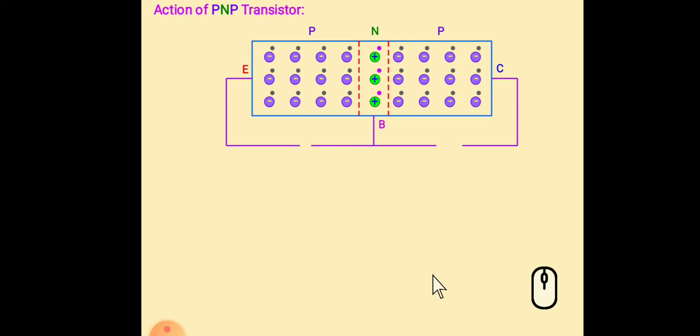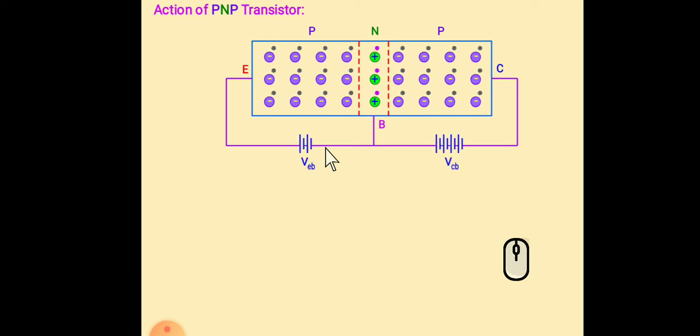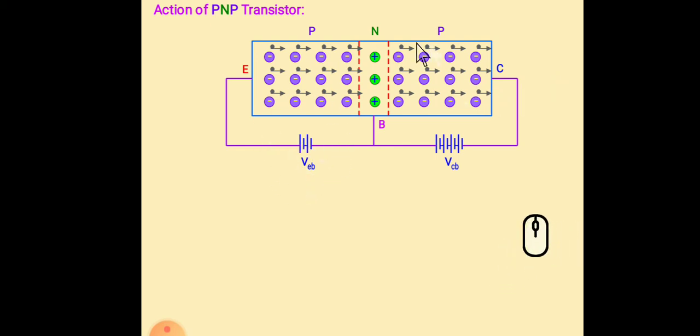So similarly, in case of PNP transistor also, this base emitter is forward bias. So base is n, so this one is connected to negative terminal of battery and emitter is connected to positive terminal of battery. So this one is forward bias and base collector is reverse bias, so collector is connected to negative terminal and base is connected to positive terminal.